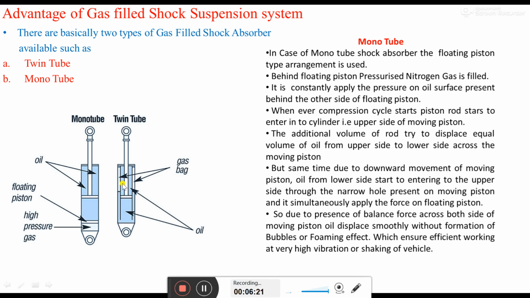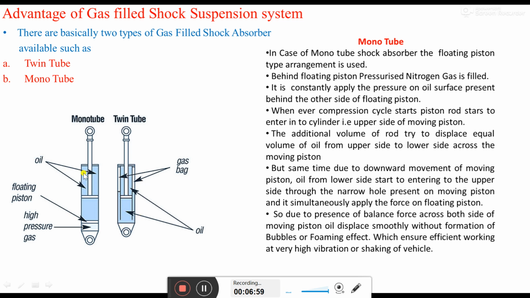But at the same time, the excess oil coming up at the upward portion of this piston also wants to move downward, because the piston is moving upward and it tries to create a vacuum, vanishing the vacuum, and again a third time it tries to allow whatever oil is present above this piston to go downward. Okay, so three things are happening in a series. Okay, so because of this movement, damping of the force takes place.